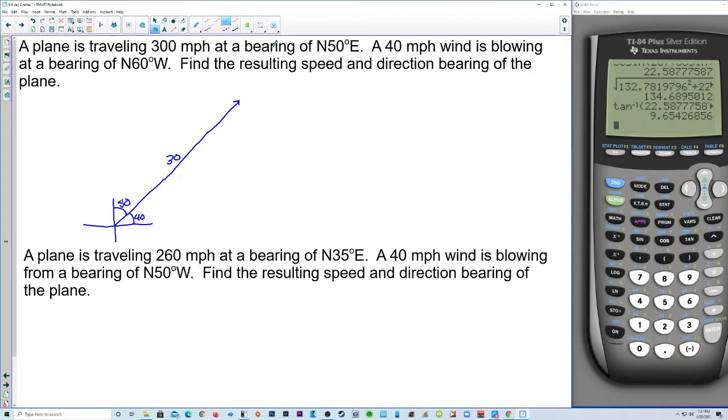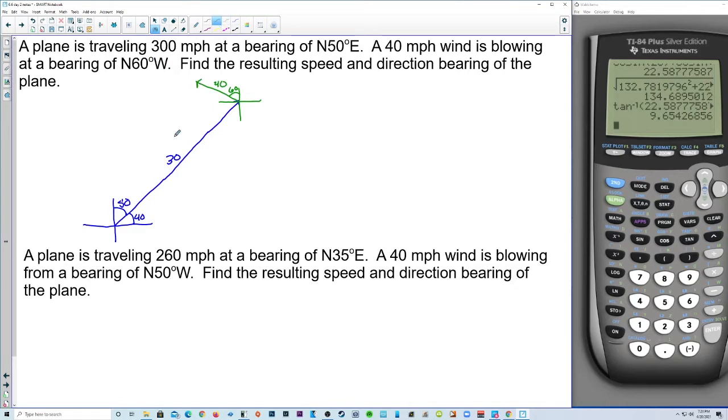And then we have a 40 mile per hour wind blowing at a bearing of north 60 degrees west. So it's like we have this brand new xy axis, 60 degrees northwest. So we're going to go like that right there. And let's call this length 40. This right here is the 60 from north, 60 degrees on the west side.